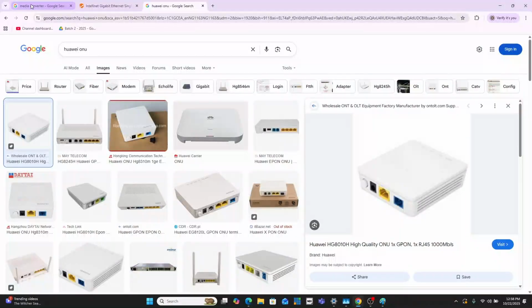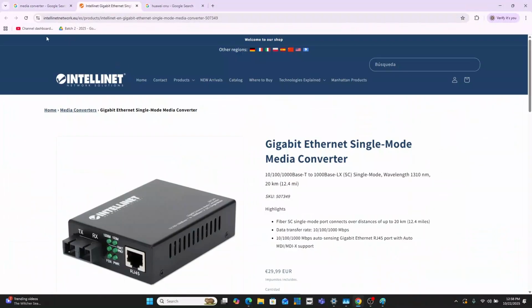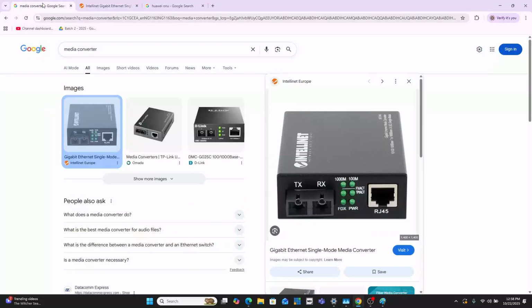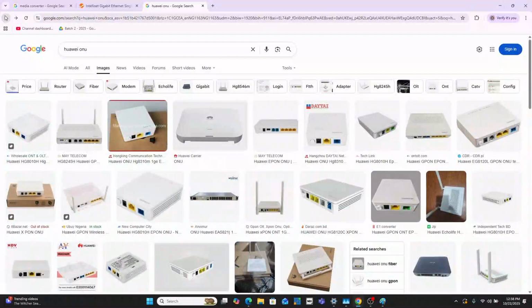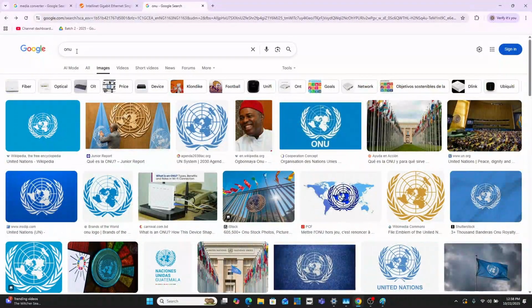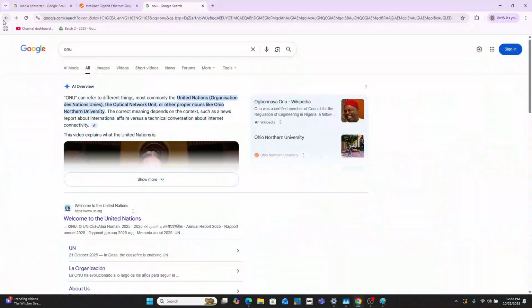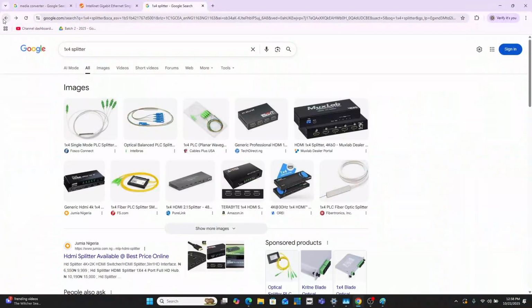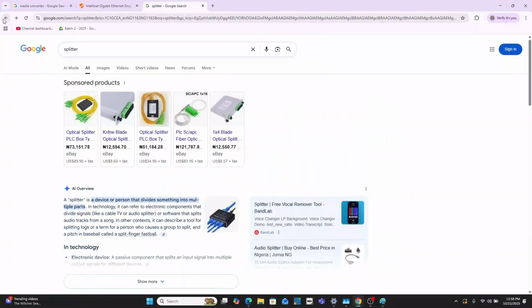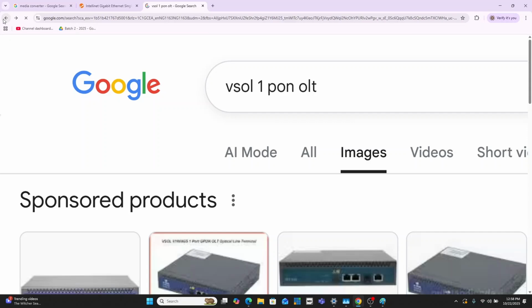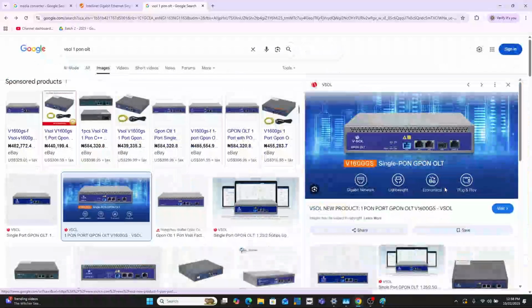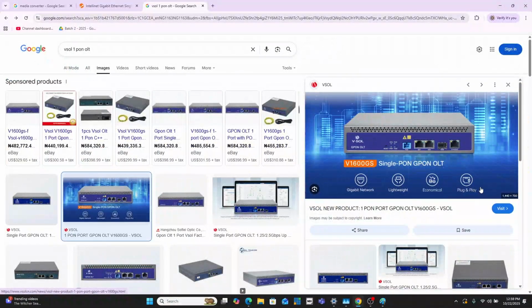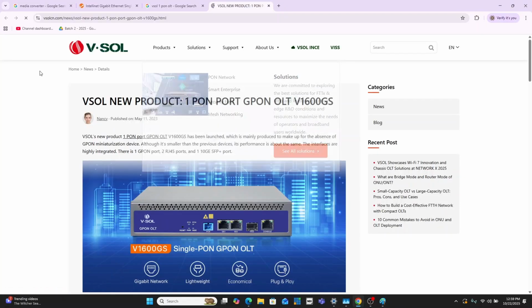If you come to, when I searched for this device, if you look at the documentation of this PON, this is a GPON.